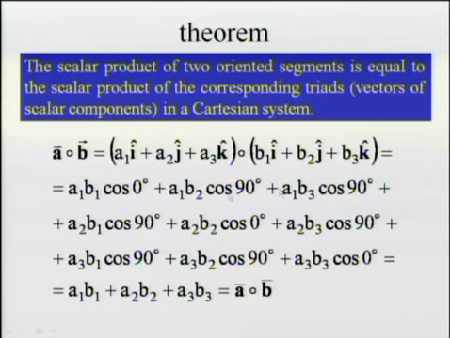Repeat it. Why is it A1 and B2? It came by multiplying the first term from the first sum with the second term from the second sum. Now this term came from multiplying the first term from the first linear combination and third term from the second linear combination.